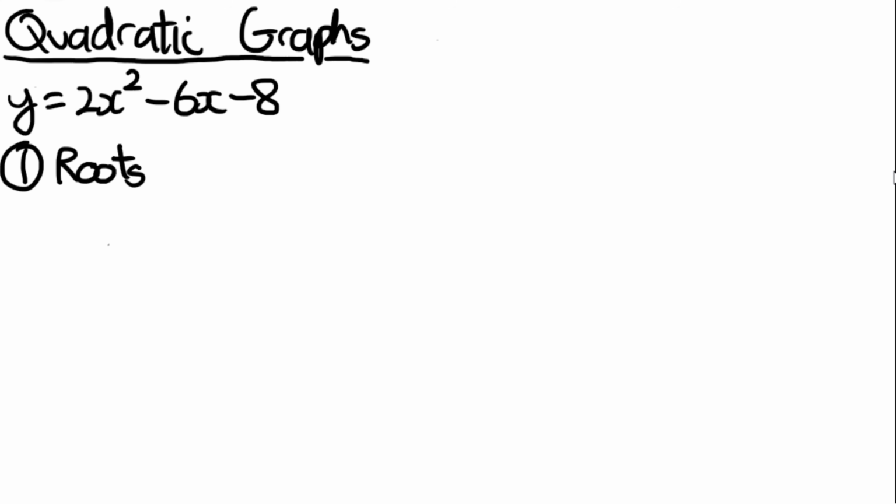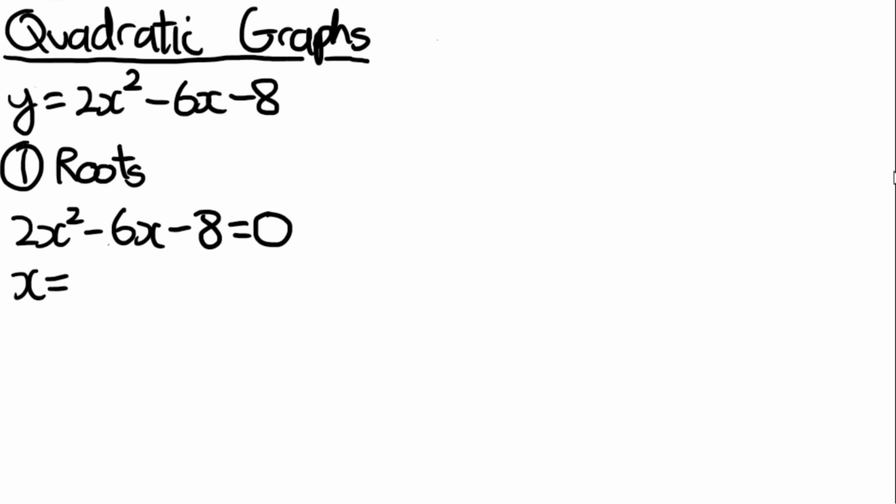So the way you find roots is just to make y equal to 0. And then when you do this, you just have a quadratic equation which you can just solve. So using a calculator earlier, I found that x here is equal to 4 and minus 1.